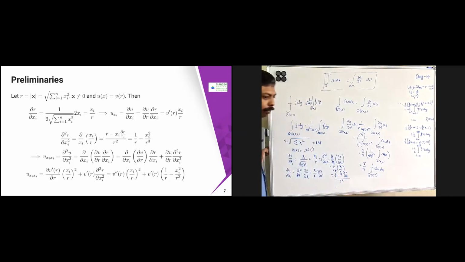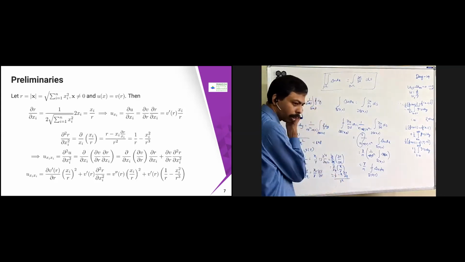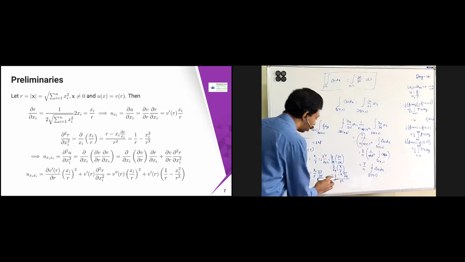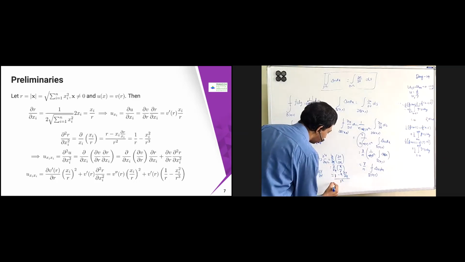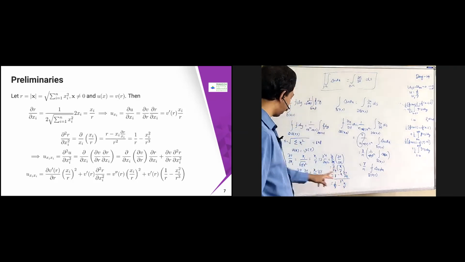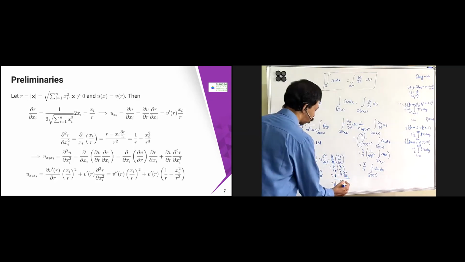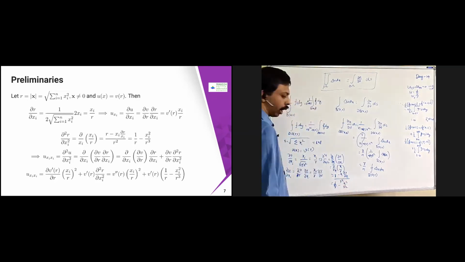Sorry, this is wrong. It is 1 by r minus xi by r into dou r by dou xi. Dou r by dou xi is nothing but xi by r, therefore it is going to become xi square by r square. Now you do the same work for u_xi, u_xixi.